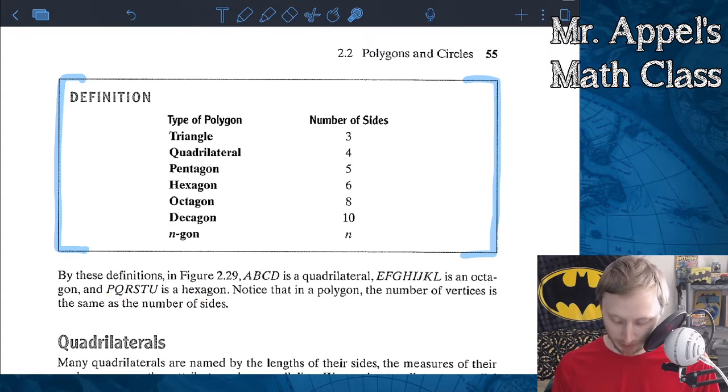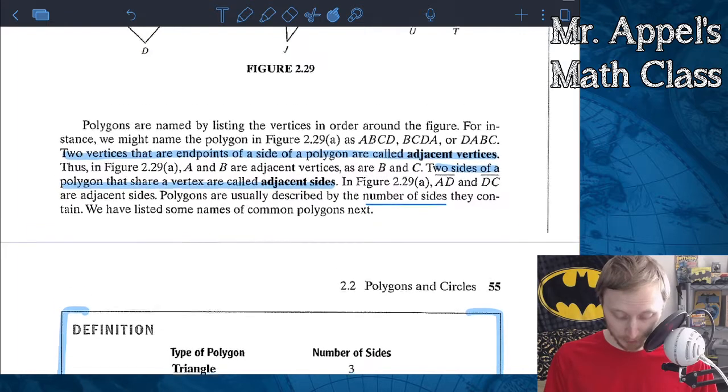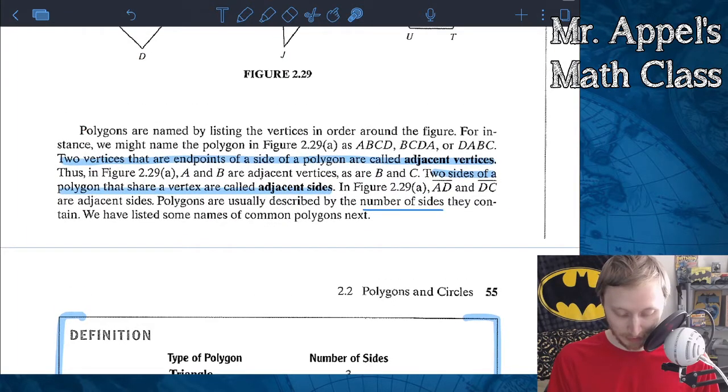Notice that in a polygon, the number of vertices is the same as the number of sides. That's good. Write that down. Number of vertices, the same as the number of sides. And in fact, for those of you interested, the term polygon comes from the Greek poly, meaning multiples, many, or number of, and gon actually refers to an angle.